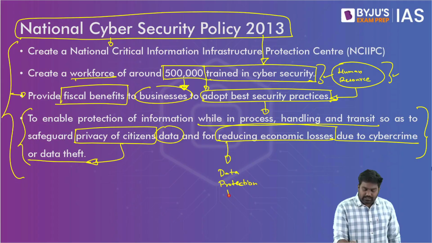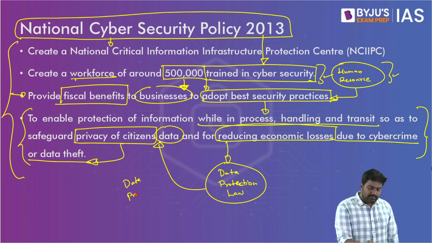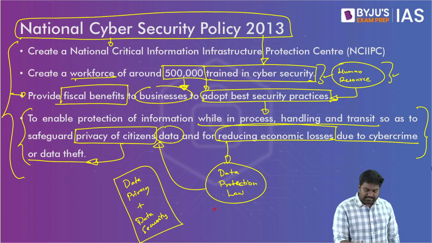It pointed out that a data protection law is needed to safeguard citizens' data privacy and data security, in order to minimize their economic losses, to minimize data theft and cyber crimes. A data protection law was called for by this policy.